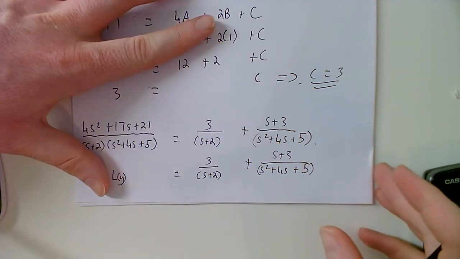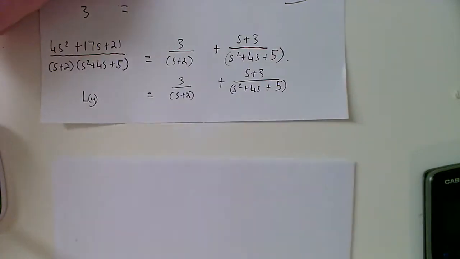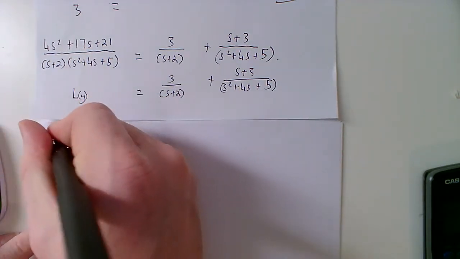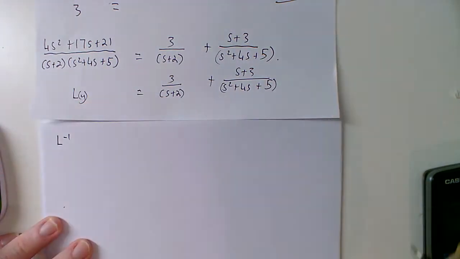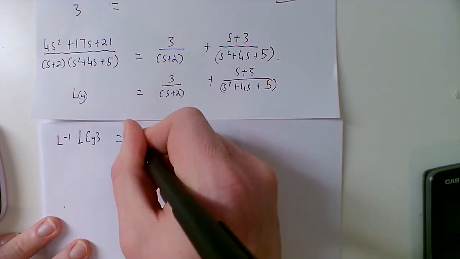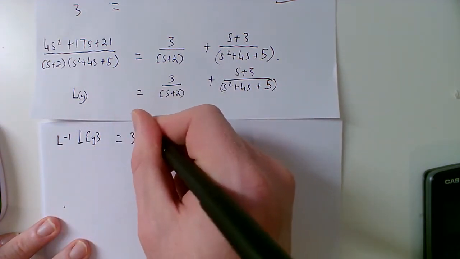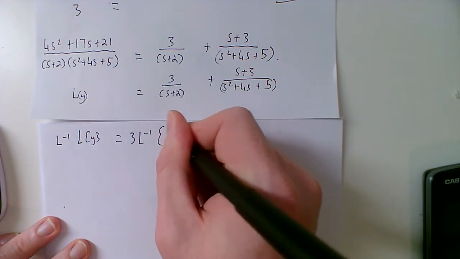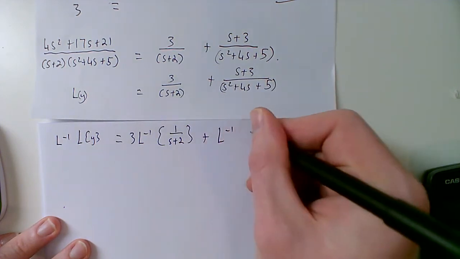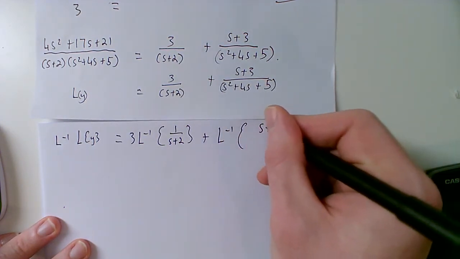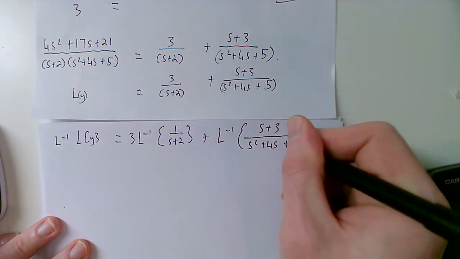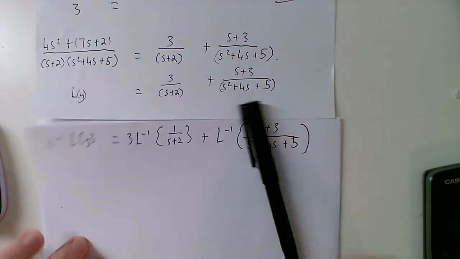Right, so I need to inverse transform both sides. So L inverse Ly equals 3 times the inverse transform of 1 over s plus 2, plus the inverse Laplace transform of s plus 3 over s squared plus 4s plus 5.